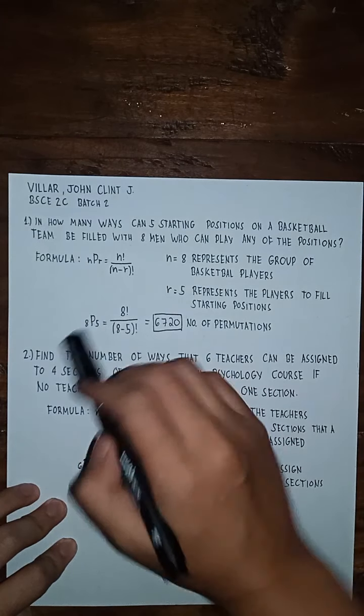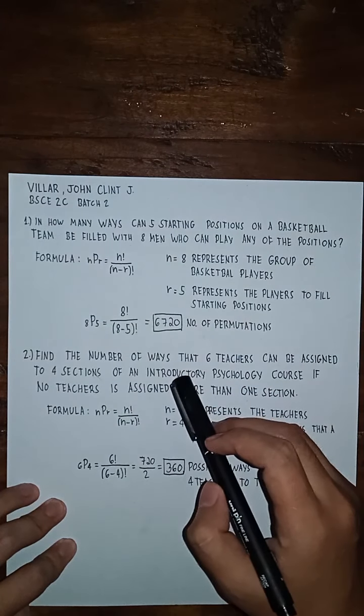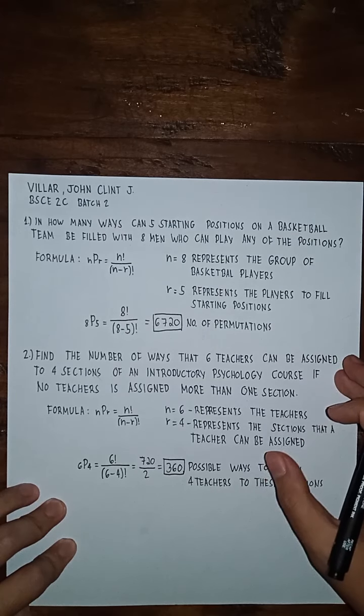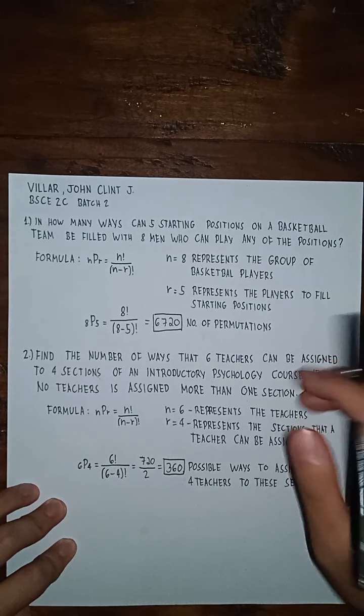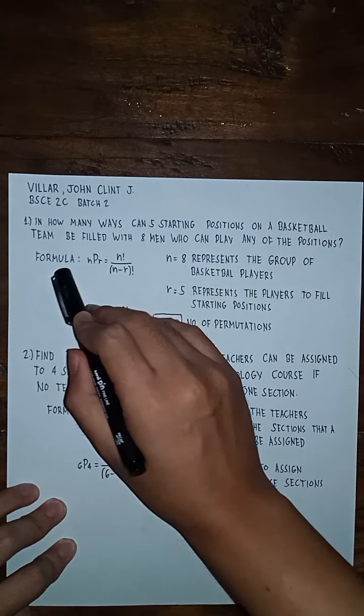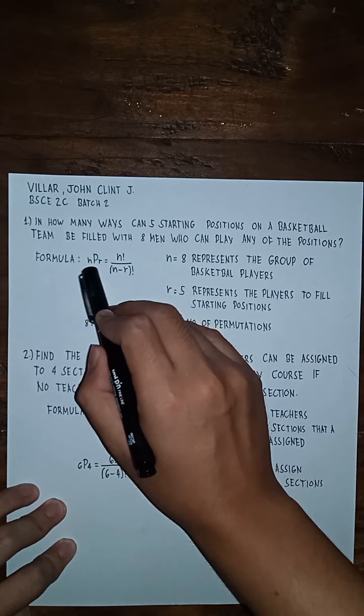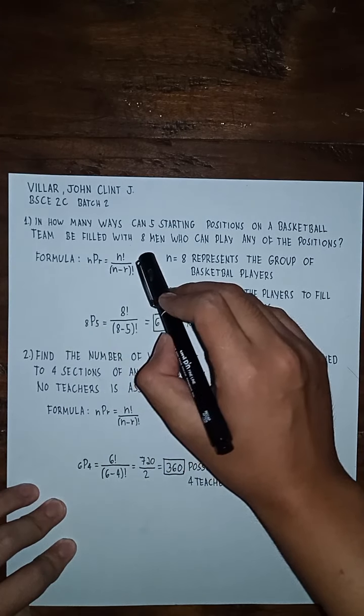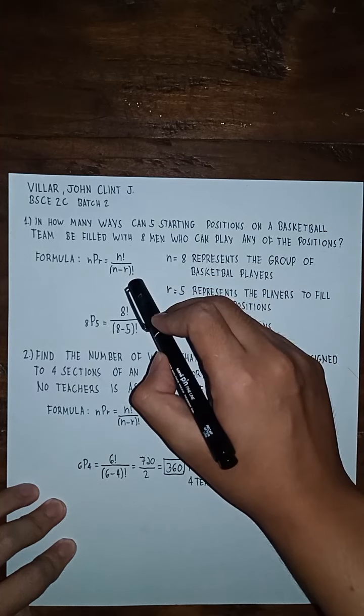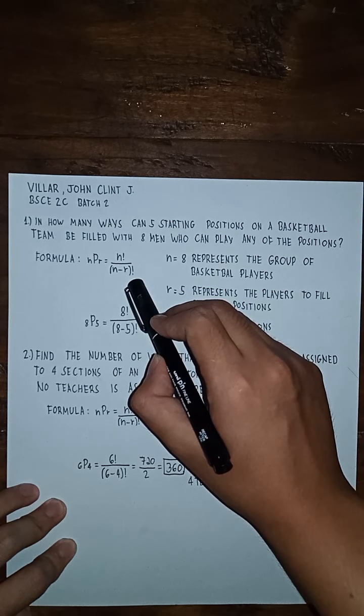So sabi sa theorem, the number of permutations of r objects taken from a group of n objects is, so ito yung ating formula, permutation of n and r, n factorial all over n minus r factorial.